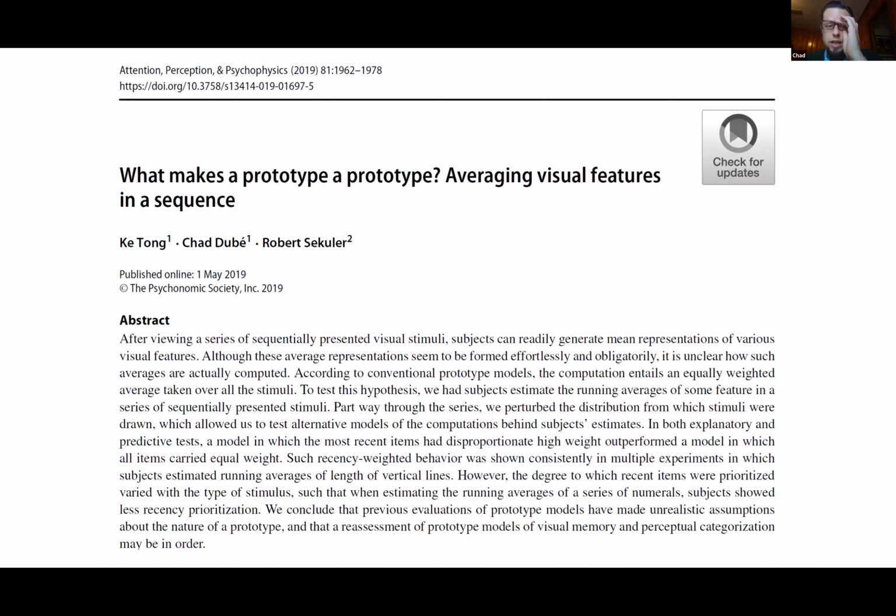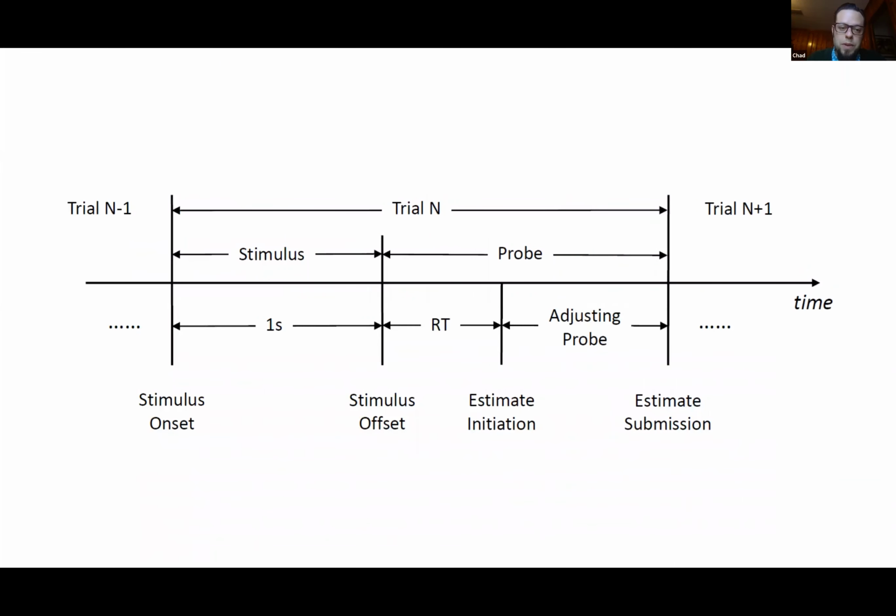So this is a study in AP&P with my grad student. He just got his PhD, Ke Tong, and Bob Sekuler, who I worked with, did my postdoc with at Brandeis. So we did a whole bunch of experiments, and the basic setup was the same. We had unidimensional stimuli, so they vary in only one feature dimension.